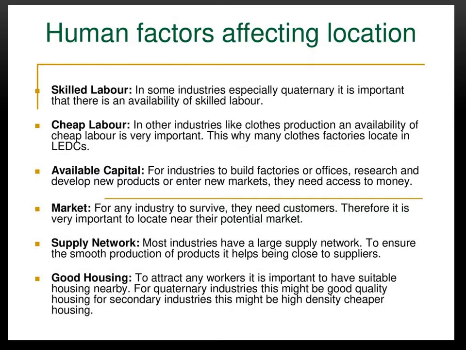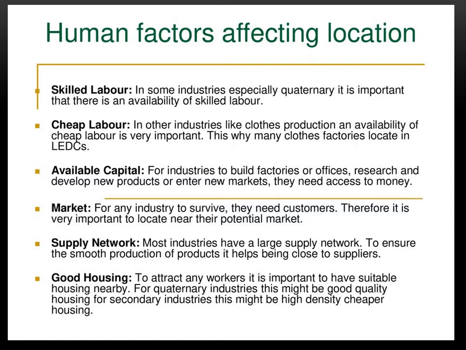Then available capital. For industries to build factories or offices, research and develop new products or enter new markets, they need access to money. Then market. For any industry to survive, they need customers. Therefore, it is very important to locate near their potential market. Then supply network.